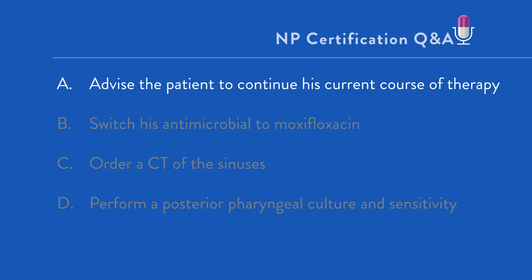Let's consider the natural history of viral RTIs. Viral RTIs typically resolve in 5 to 10 days, and therefore, one of the chief diagnostic criteria for ABRS is when a person has persistent or worsening URI-like symptoms beyond 10 days.